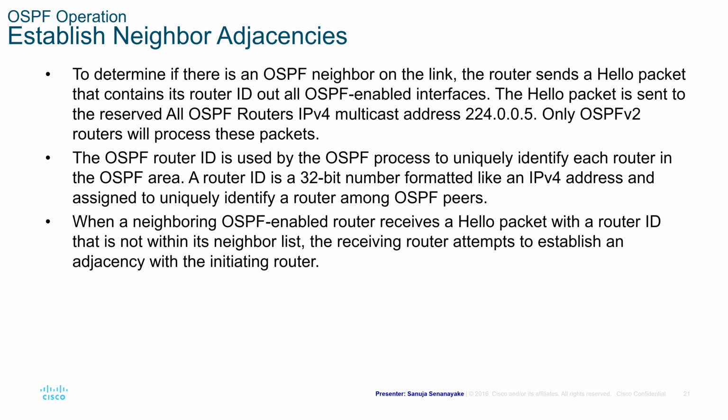When a neighboring OSPF enabled router receives a hello packet with a router ID that is not within its neighbor list, the receiving router attempts to establish an adjacency with the initiating router. So that's how the neighbor adjacencies work. On the next page, we will look at how the process works in a little more detail.